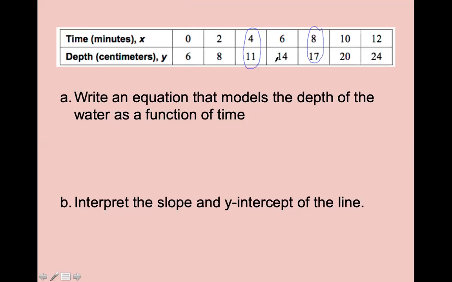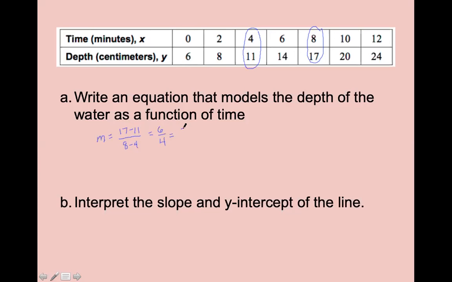And I need to write an equation. So the first thing I'm going to do is find my slope. Notice these numbers here are my y values. So I'm going to write 17 minus 11, the difference in the y values, over the difference in the x values. So 17 minus 11 is 6, 8 minus 4 is 4.